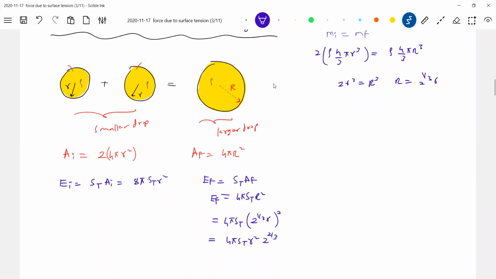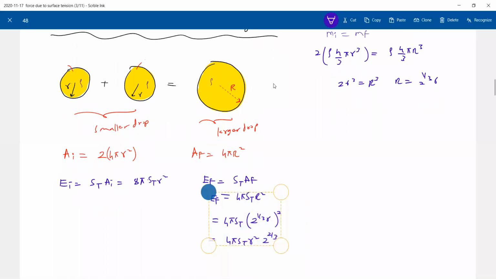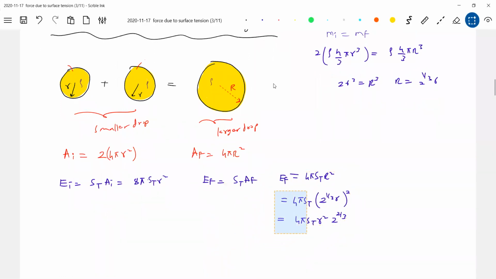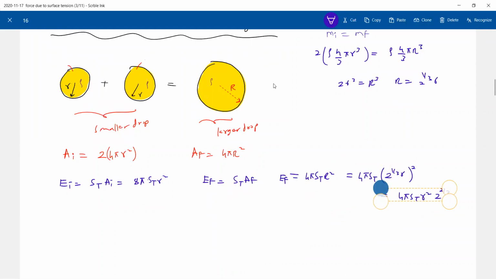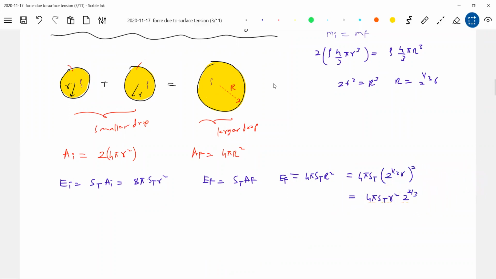Okay, final energy, which will be greater, final or initial? Let me keep here 4 pi ST. So let me adjust one 2 here, 2 to the power of 2 by 3 there, and 1, 2 I'll adjust. Anybody?